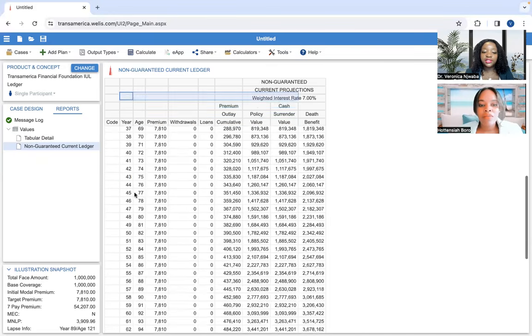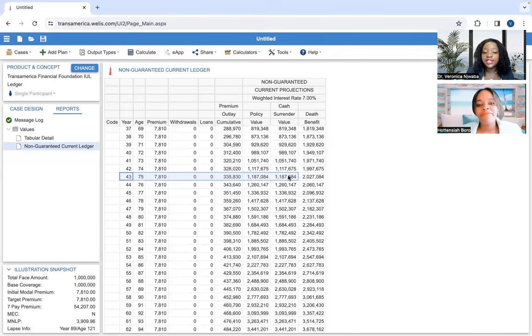Now, fast forward, this person is 75. How much have they contributed total? 335,000. How much is in their savings? 1,187,000. And how much can they take out? 1,187,000. So exactly around 1.1 million, right?